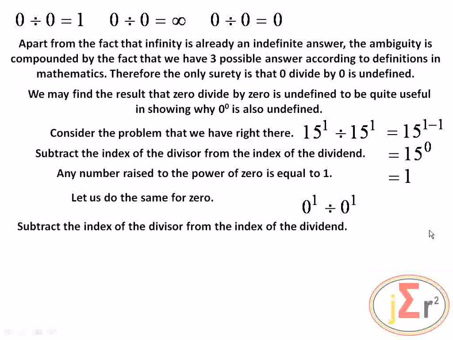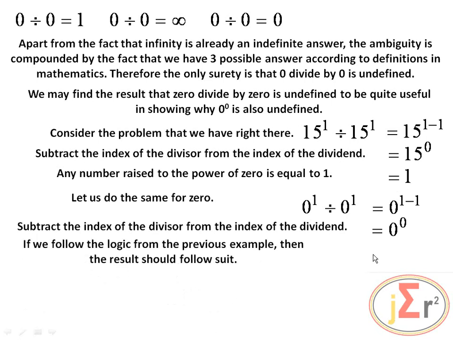So subtract the index of the divisor from the index of the dividend, and we get 0 to the power of 1 minus 1. So we have right there 0 raised to the power of 1 minus 1, which is equal to 0 to the power of 0, which we imagine to follow suit from right here to give any number raised to the power of 0 is equal to 1.